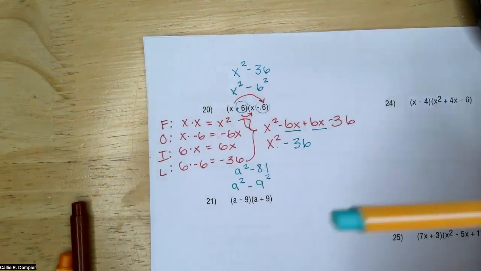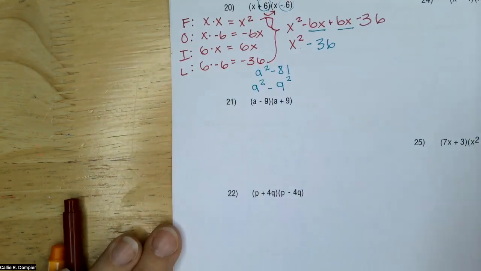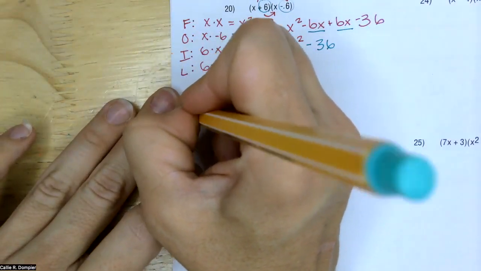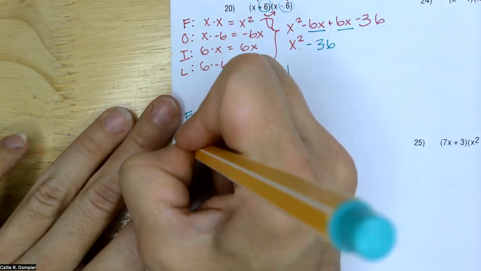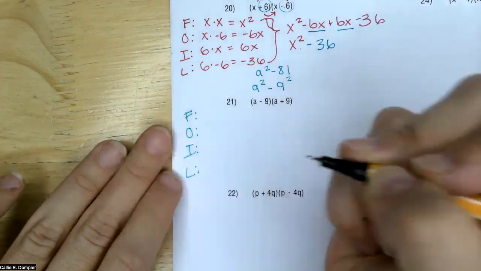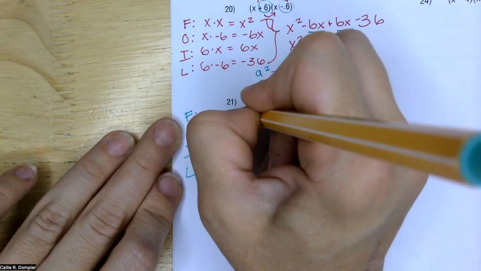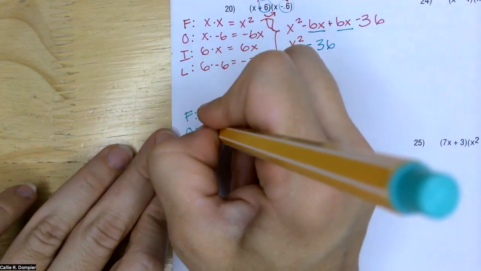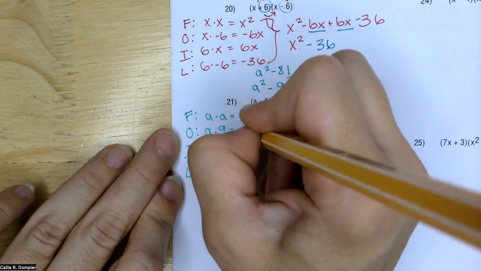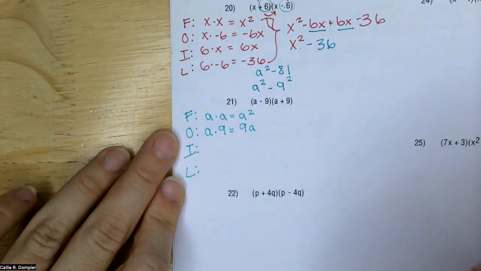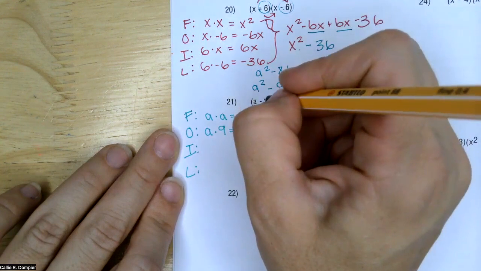Let's try. First, outside, inside, last. First is a times a. Outside is a times 9, 9a. These are hard to tell, my a's and my 9s look the same. Great.